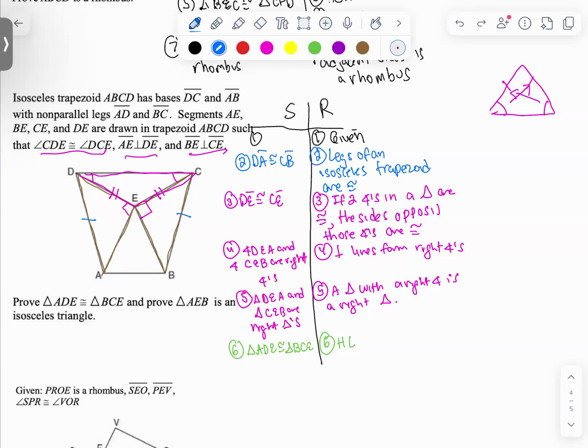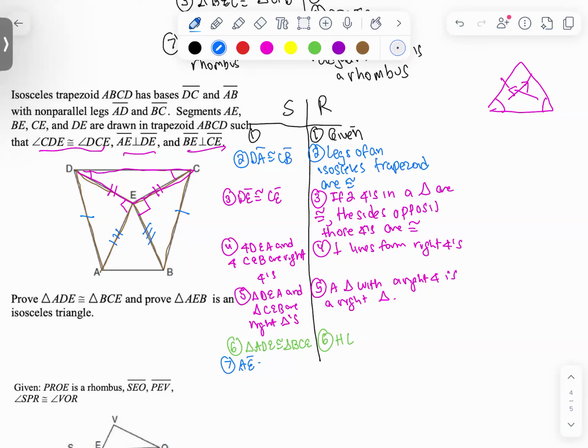So once you prove triangles congruent, remember all the corresponding sides and angles are also congruent due to CPCTC. And AE and EB are sides of the triangles that we just proved congruent. So we can say AE is congruent to CB, CPCTC.